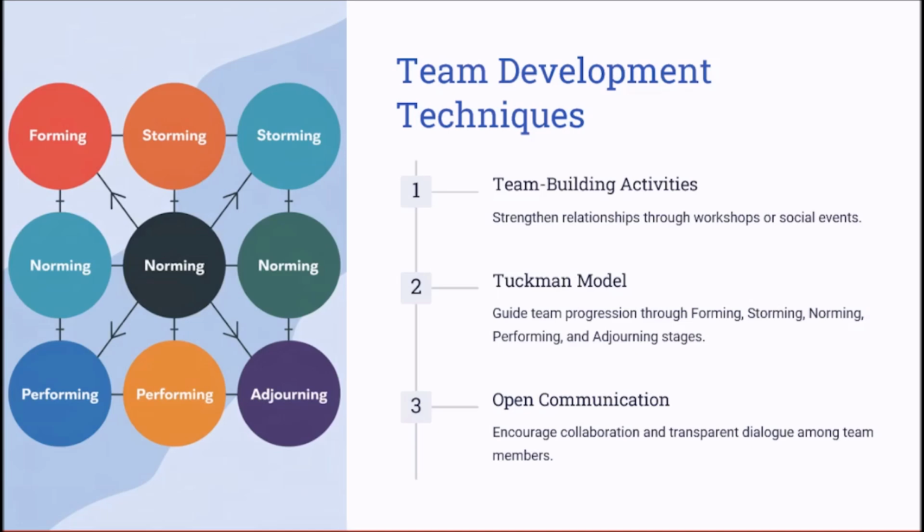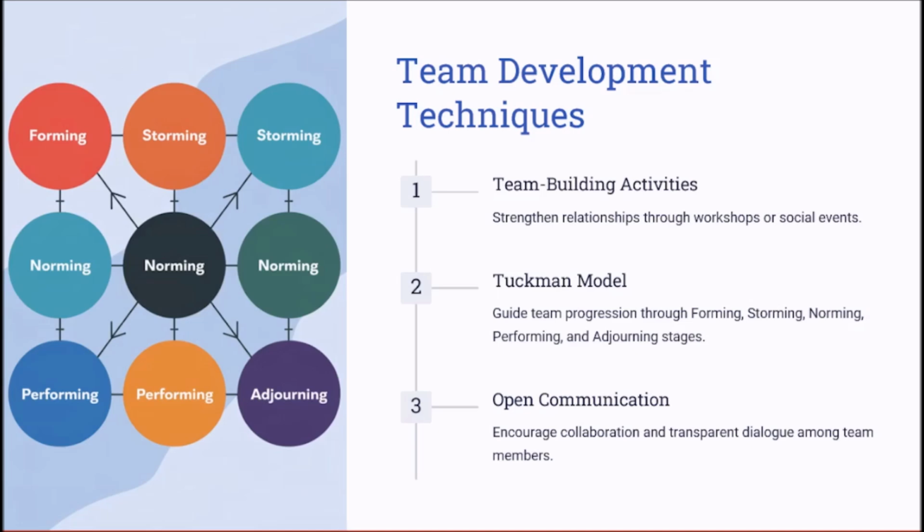and applying this Tuckman model, and understand how forming can start and then how storming works and what you should do when your team is having conflict, and then when your team comes into an agreement on the norming stage. Next, you have the performing stage, which is where your team agrees on the solution and they start implementing it.